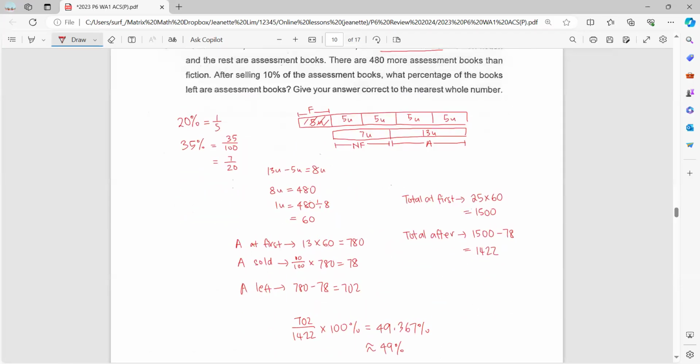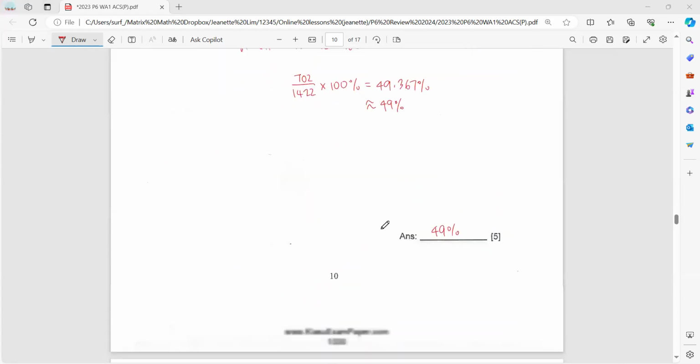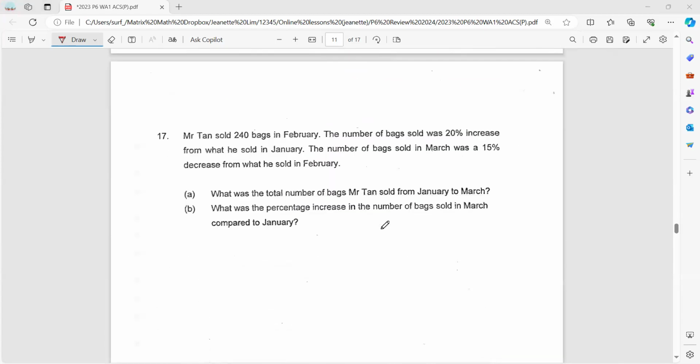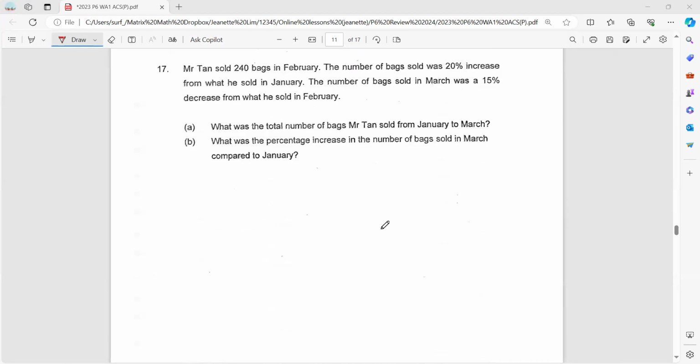Okay, so this is a 5-mark question. Question 17.